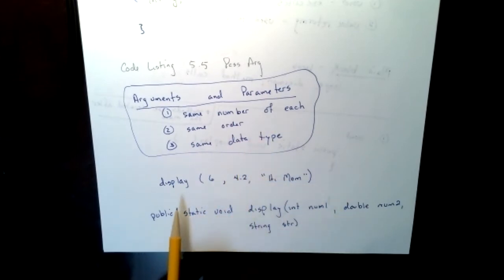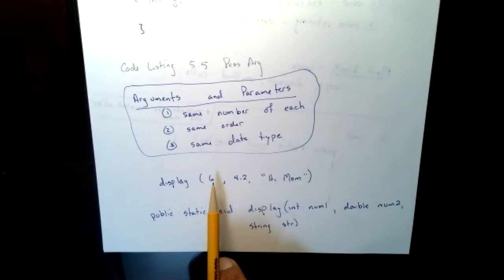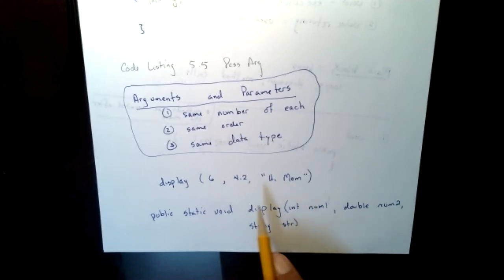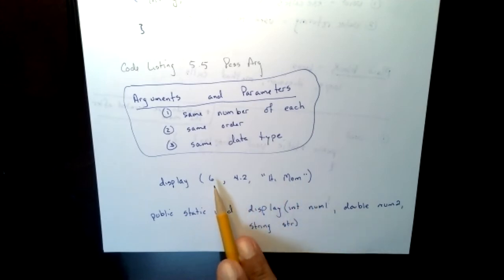And as you see in my example display, I'm calling a new display. This time I have 3 arguments, 6, 4.2, hi mom. Then when I get down to my method heading, I say public static void display. My first local variable int num1 will get the value of the 6, which was my first argument.